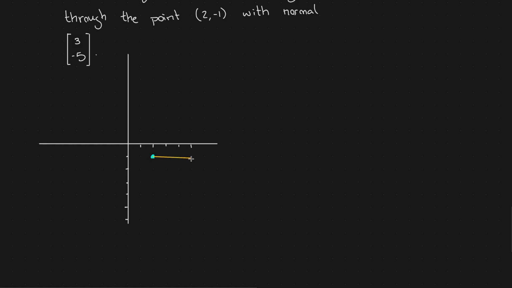Let me make it dotted. Okay, that's our normal vector (3, -5). Here's our point (2, -1). And so our line is going to be orthogonal to that normal vector. So it should be something like this. Okay, let's find its equation.